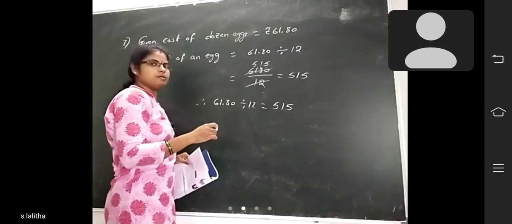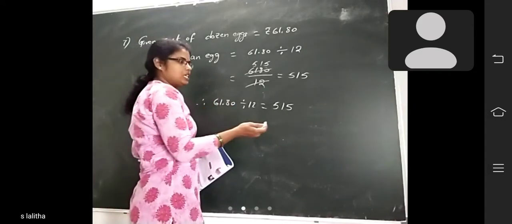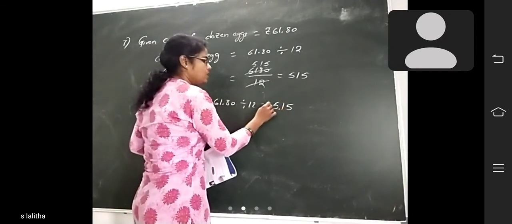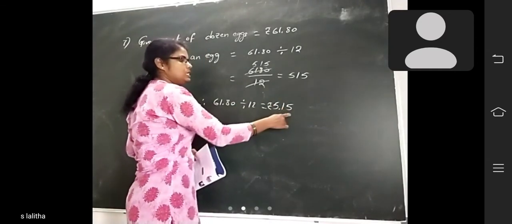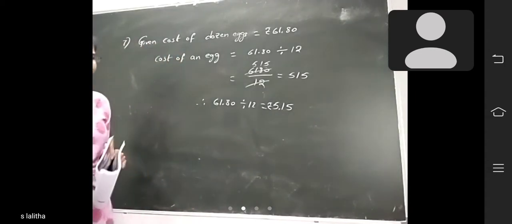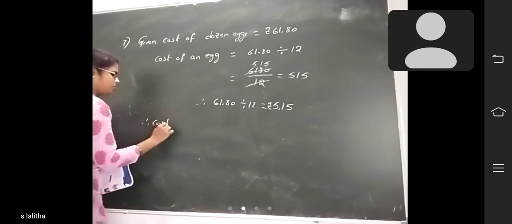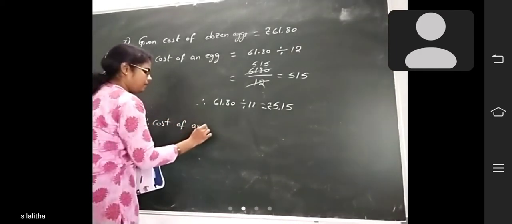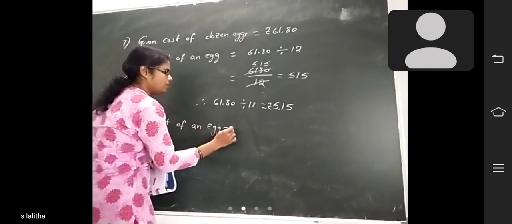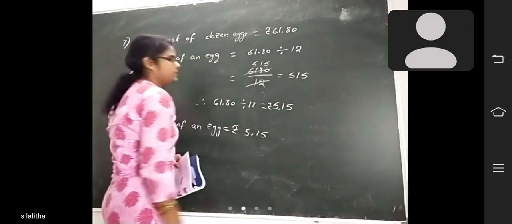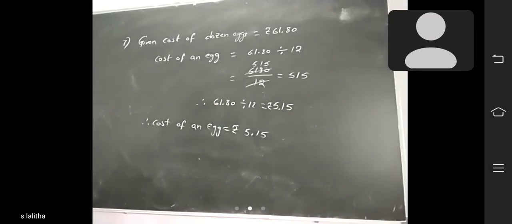So you should keep the decimal point before 2 digits from right side to left side. So what is the cost of one egg? 5 rupees 15 paisa. Okay, right. Therefore, cost of an egg is equal to rupees 5 rupees 15 paisa. Right.